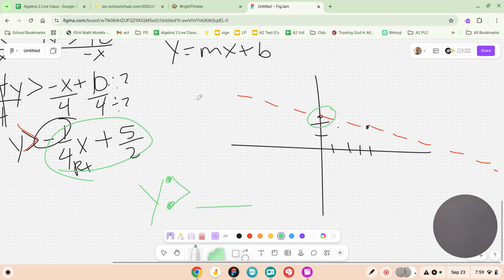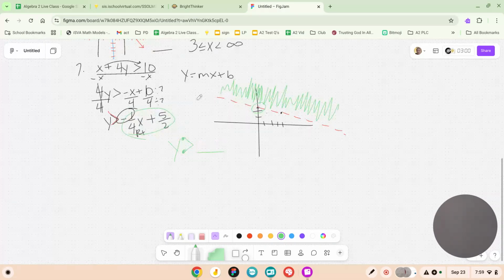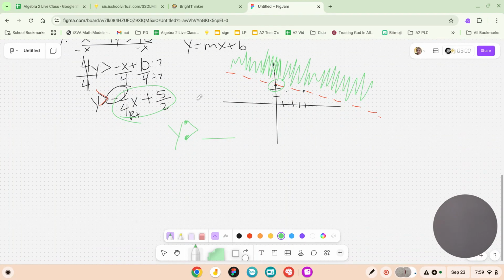Right here. So if y is greater at that point, it's going to be up here. So then I'm going to have to make sure that I have shaded that. Now, could you put this into Desmos to see what the equation looks like? Yes, but I don't believe that you're able to see the shading. So I just wanted to talk to you about that shading on number 7.